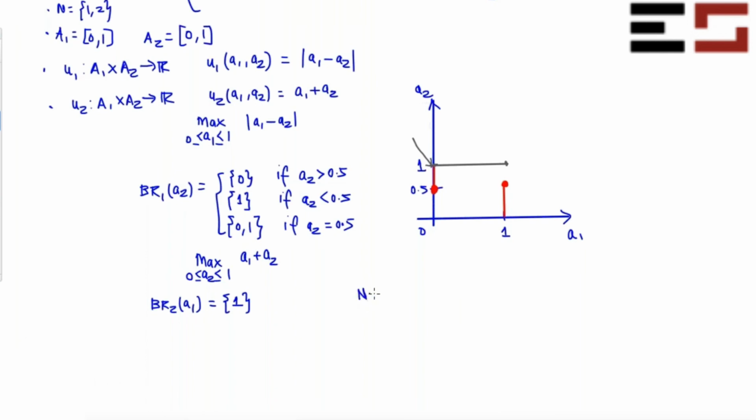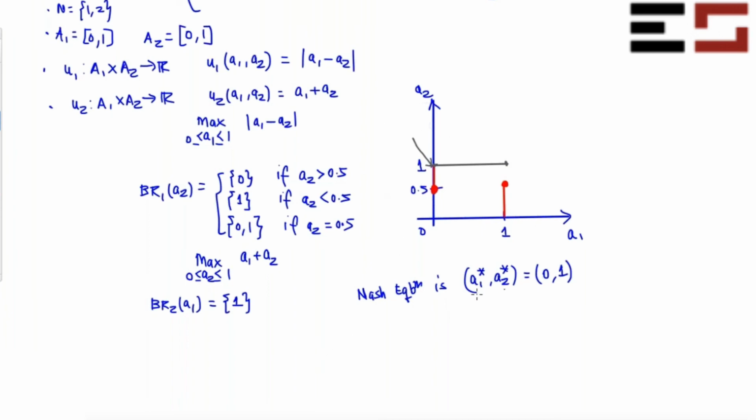So what is the Nash equilibrium? Nash equilibrium is (a1*, a2*) equal to: player 1 chooses 0, and player 2 chooses 1. Is that okay? So that's a Nash equilibrium.